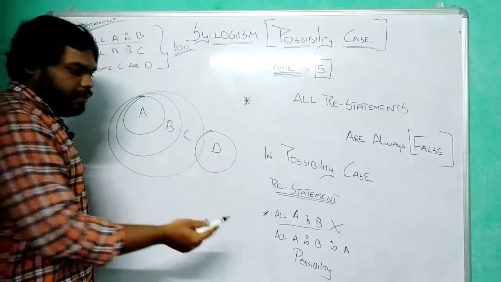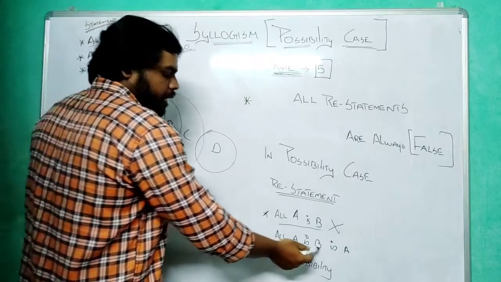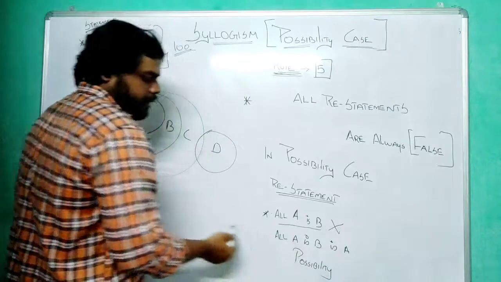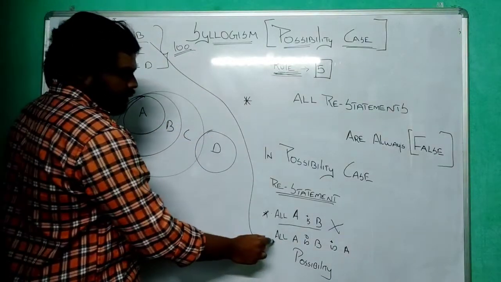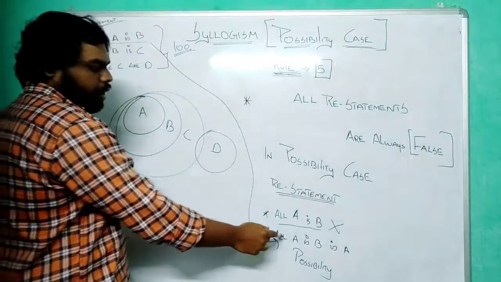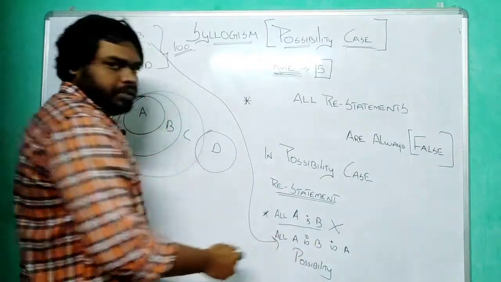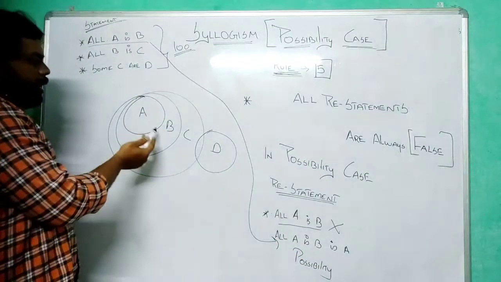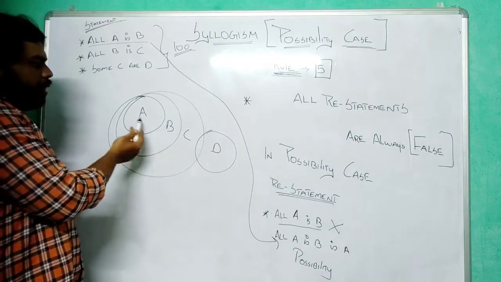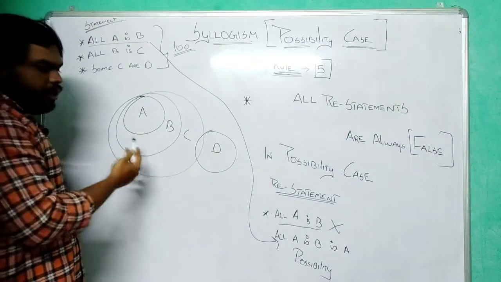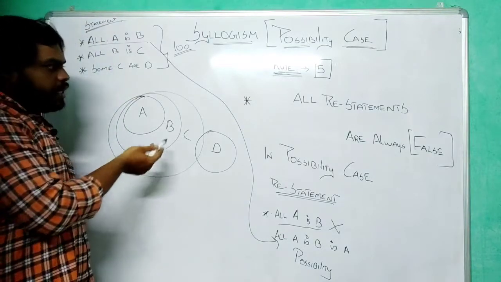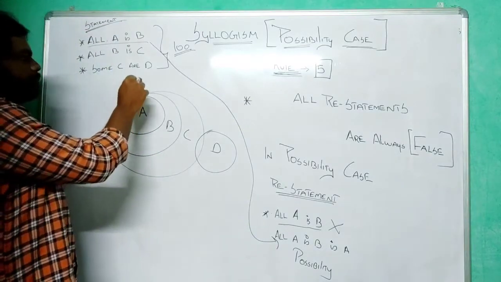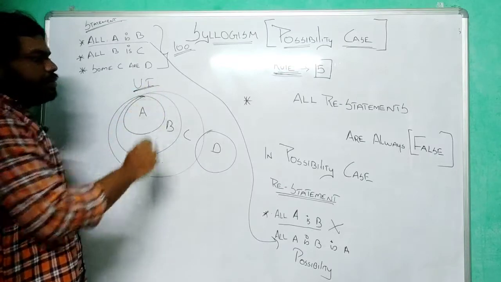This is a very important trick that you should remember, right? If it is also given in the possibility, "all A is B is a possibility," this is a direct restatement, right? It has already been proven that all A's are inside B. So how can I prove that it is possible? It is already a universal truth.